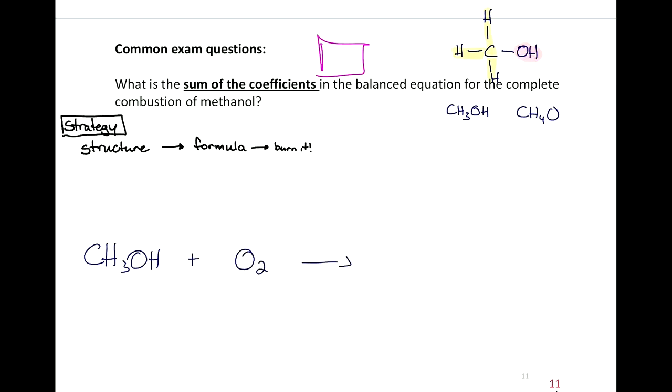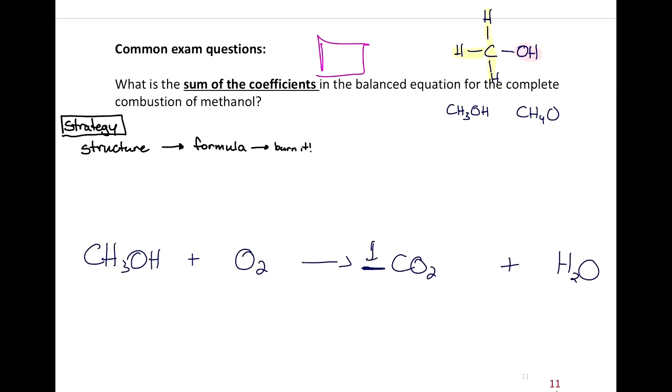O2, and then what are my products? CO2 and water. Okay, so remember my strategy. What do we do first? Balance carbons, okay. So we balance carbons by changing the coefficient in front of CO2. So what's the coefficient in front of CO2? 1, yep, good.